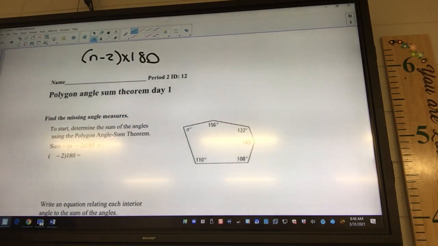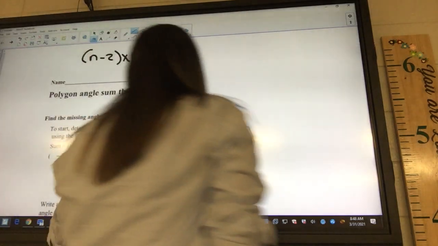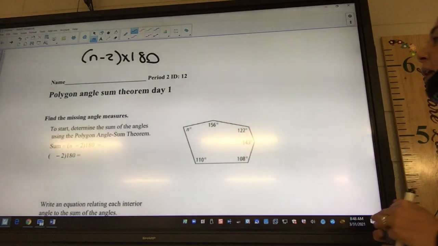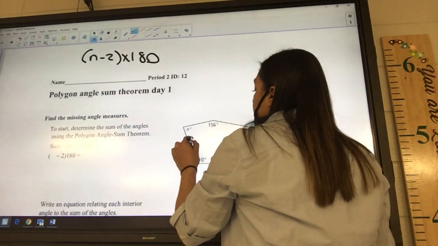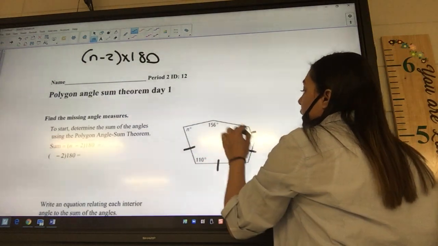So it says to start, determine the sum of the angles using the polygon angle sum theorem. So we have n minus 2 times 180. How many sides are on this first one? 6.